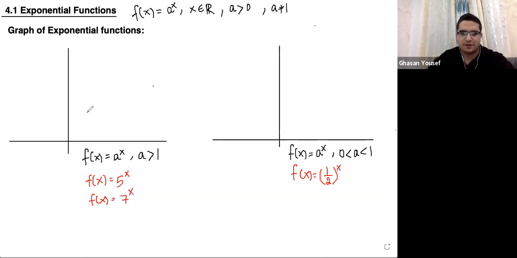So the graph of this function looks something like this. All the functions must pass this point. This point is 0, 1. The x coordinate is 0, the y coordinate is 1. So the graph should be something like this.